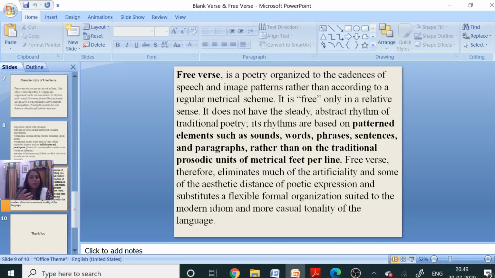Blank verse liberates as per the rhyme scheme, but the rhythm is the same as that of heroic couplet. Free verse does have rhyme and rhythm, but it is internal and it does not follow any fixed pattern. So it is free from that artificiality or from that formality of patterned, or you can say fixed metrical poems. So that was free verse.